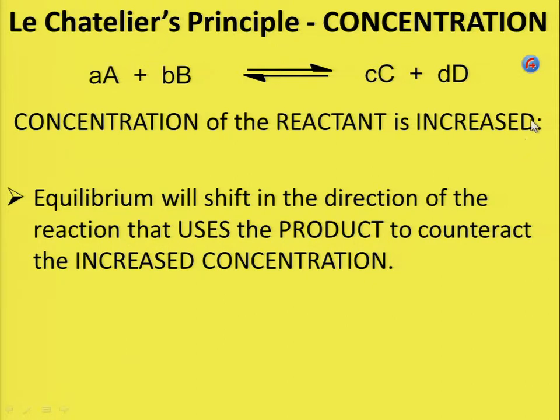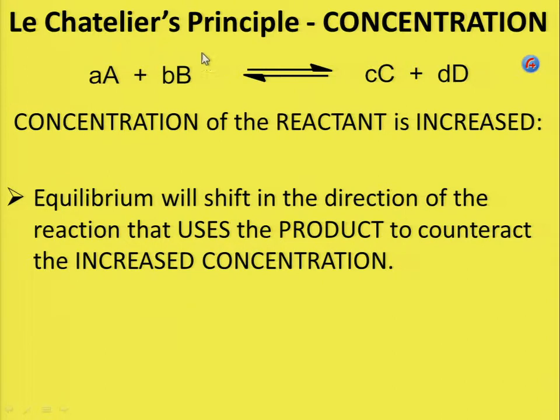So let's concentrate just on the concentration stress now. Here is a hypothetical reaction, and now the concentration of the reactant is increased. Then the equilibrium will shift in the direction of the reaction that uses the reactant to counteract the increased concentration.